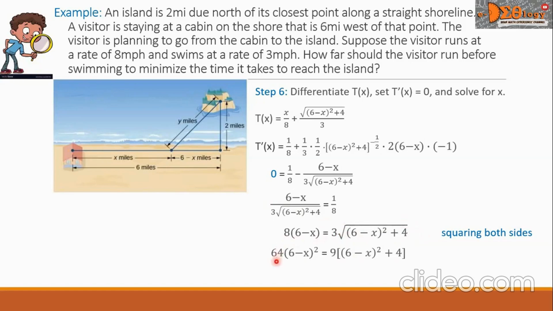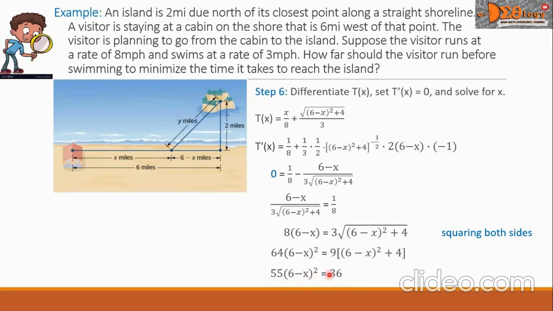We have now 64 times the square of the quantity 6 minus x equals 3 squared, which is 9, times the radicand, and this radical here will now be removed. When we multiply the 9 into the terms inside the grouping symbol and simplify by combining similar terms, we get 55 times the square of 6 minus x equals 36.